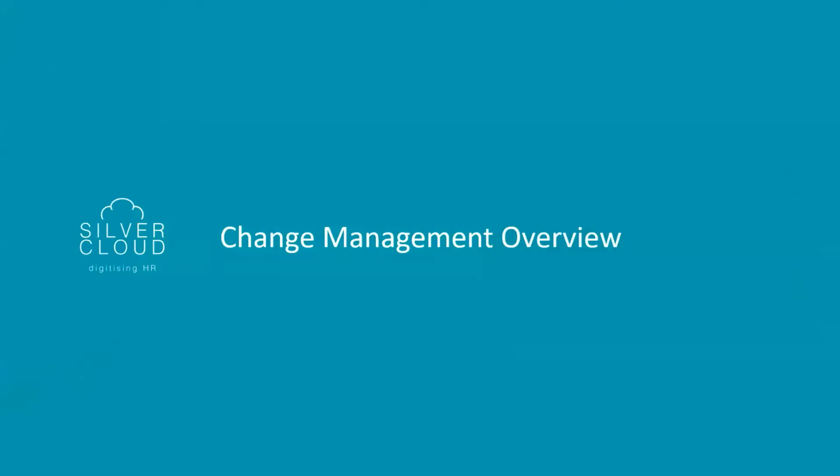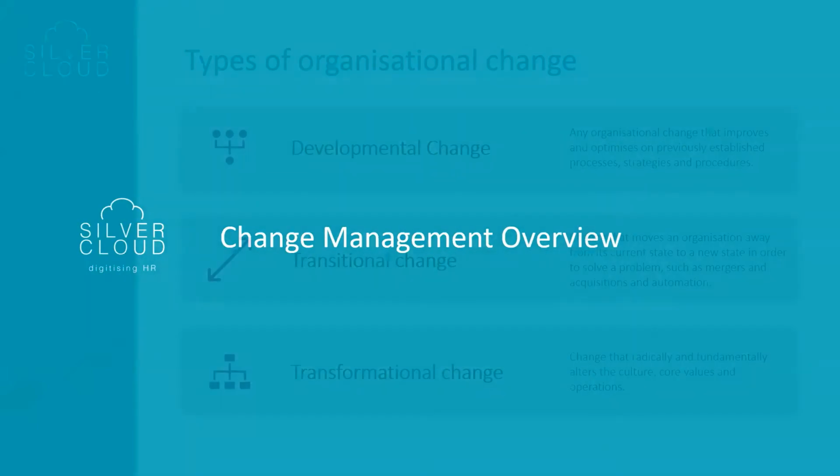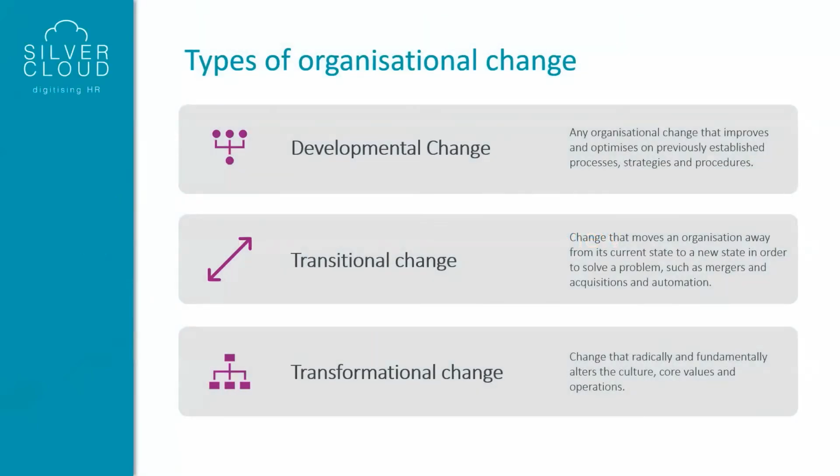Change management overview. There are different types of organisational change. These vary from developmental change, transitional change, and transformational change. Developmental change is where an organisation changes to improve and optimise its previously established processes, strategies, and procedures.